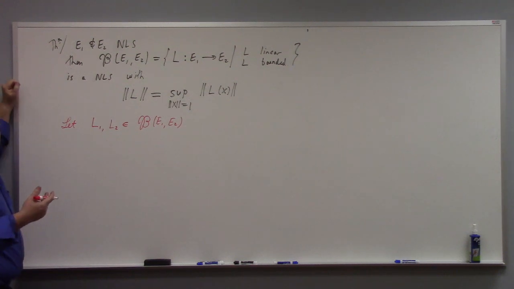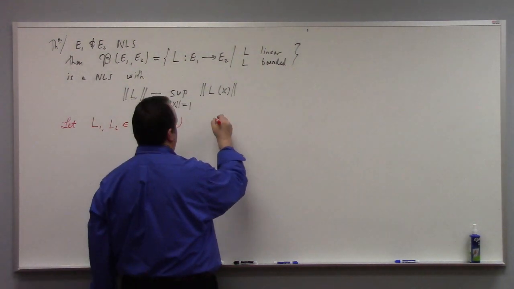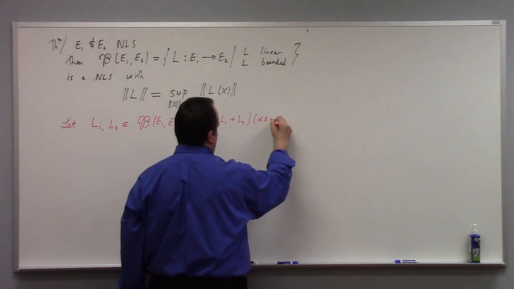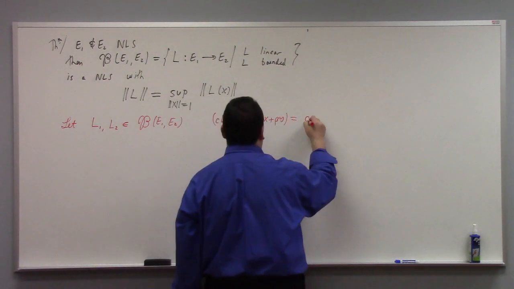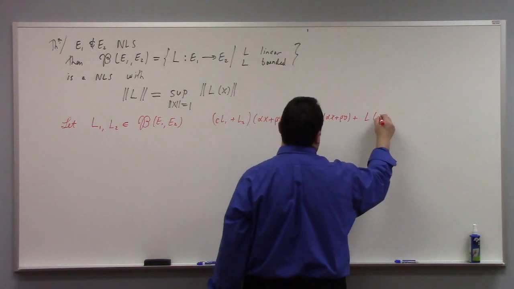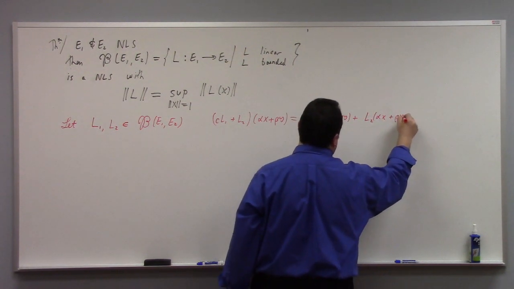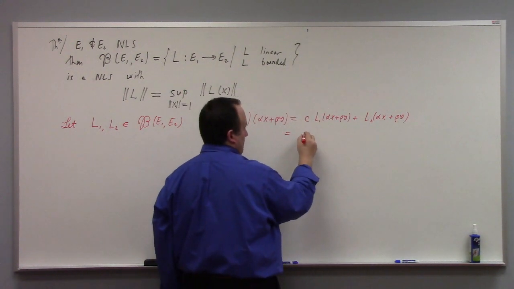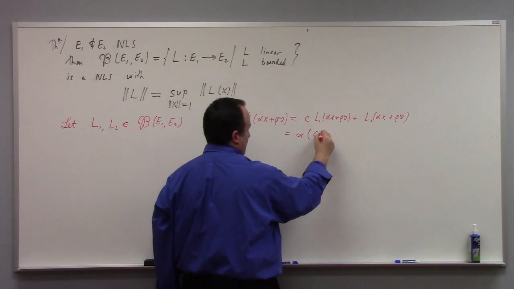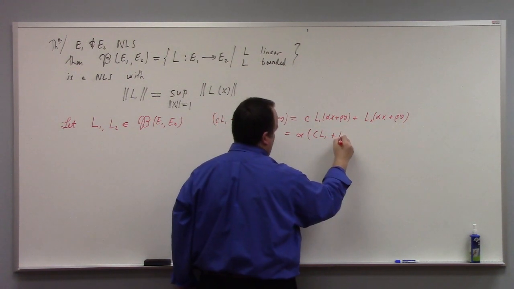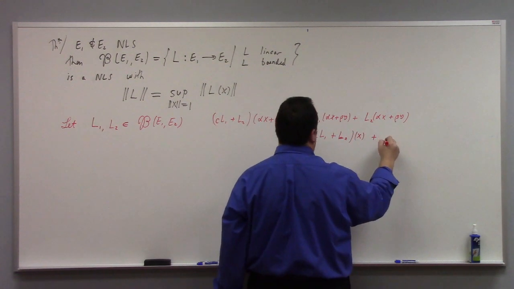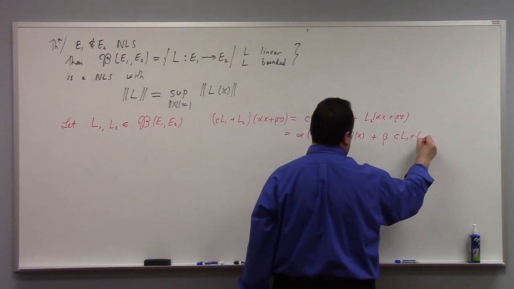You can check that (L1 plus L2) of alpha x plus beta y works out to alpha times (L1 plus L2) acting on x plus beta times (L1 plus L2) acting on y.